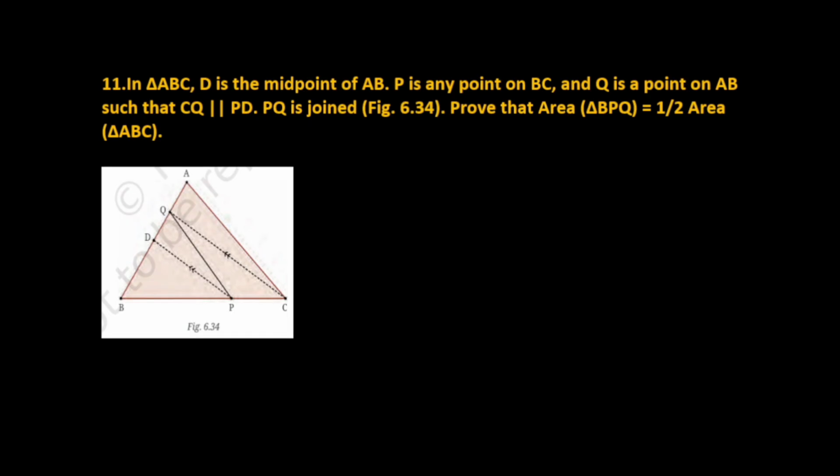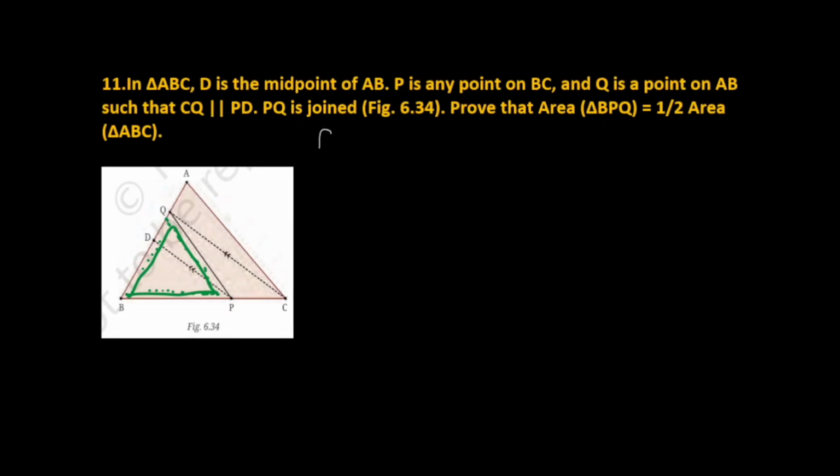Eleventh sum. In triangle ABC, D is the midpoint of AB. P is any point on BC and Q is a point on AB such that CQ is parallel to PD. PQ is joined. Prove that area of triangle PBQ, that is this triangle BPQ, is equal to half of area of the full triangle.